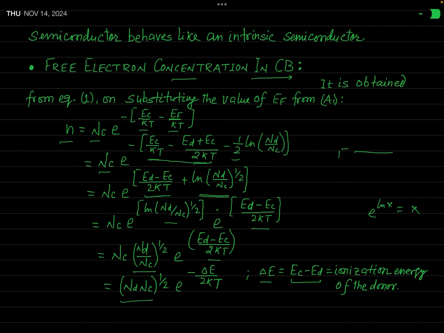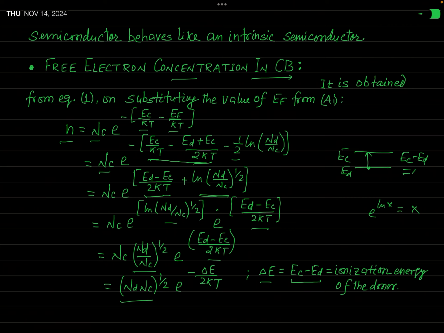Actually this is the energy of the bottommost level of conduction band and this is the energy of donor level. And you know the minimum energy needed for an electron to move from donor level to conduction band is Ec minus Ed.